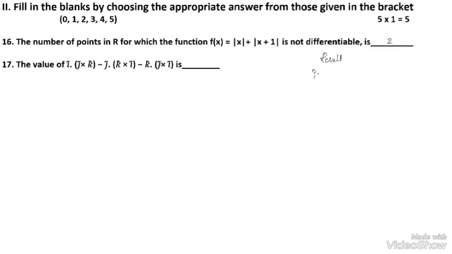Question number 17. The value of i dot j cross k minus j dot k cross i minus k dot j cross i is. Here, we know the results of the cross product as well as the dot product of vectors. That is, i cap dot i cap is equal to j cap dot j cap, k cap dot k cap, which is equal to 1.